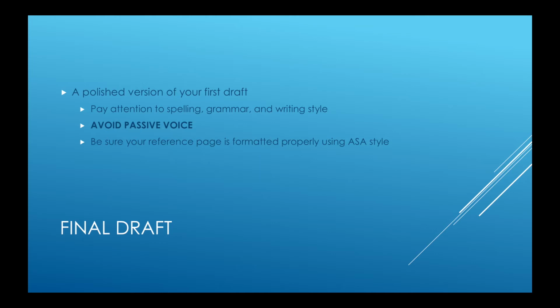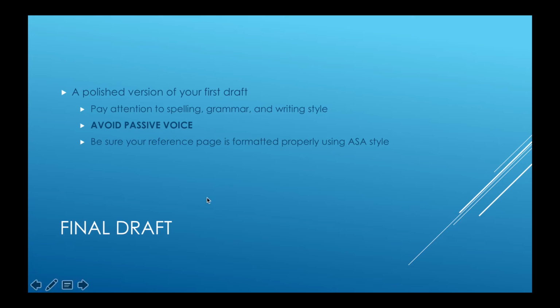This is going to be okay because all I want you to do for your final draft is to revise the comments that I make on your first draft. So since your first draft is largely complete, you don't actually have to write a lot more. You just have to provide a polished version in which you pay attention to spelling, grammar, and writing style.